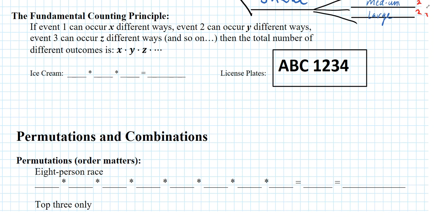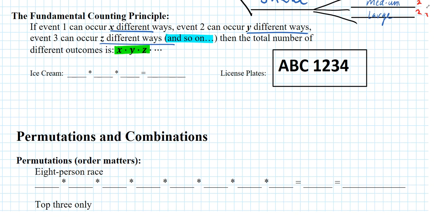If the first component can occur X number of ways, and the second component can occur Y different ways, and a third component can occur Z different ways, then the total number of different outcomes is X times Y times Z. This method holds true for any number of components.